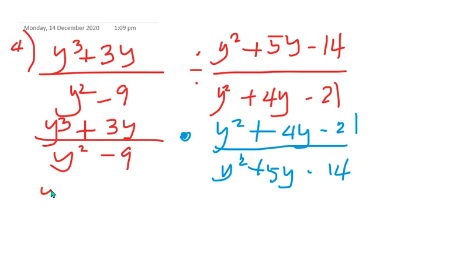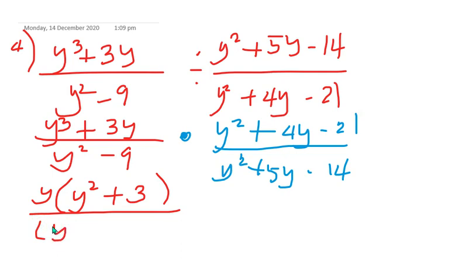So we have y cubed divided by y is y squared, plus 3y divided by y is 3, over, this is difference of two squares, so we have y plus 3 times y minus 3.